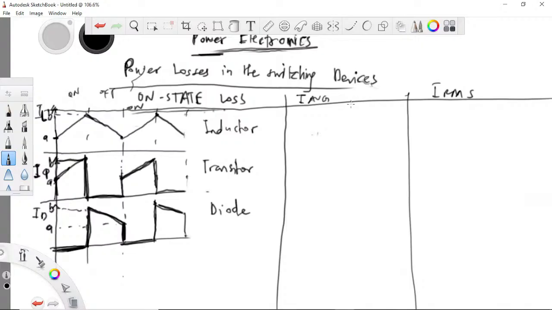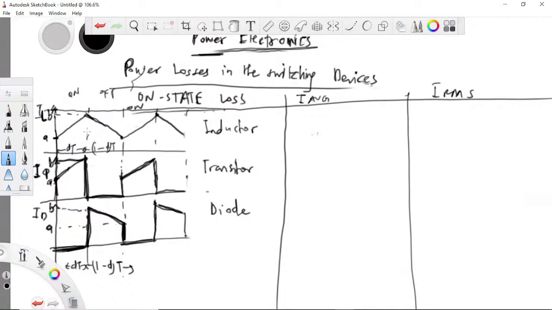So now we said that the average current is given by the area of this waveform divided by the period. So here's our duty cycle, don't forget: dT on, then it's off for (1 minus d)T time.